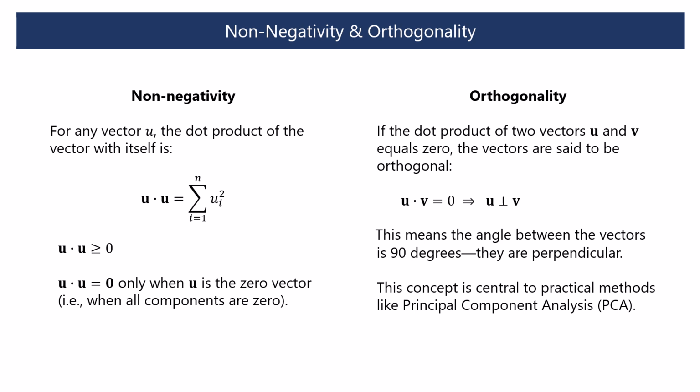This concept is central to practical methods like principal component analysis, PCA. In PCA, we project data onto mutually orthogonal axes in order to reduce dimensionality while preserving as much variance as possible. In short, the dot product enables us to quantify both the length and the directional relationship between vectors.